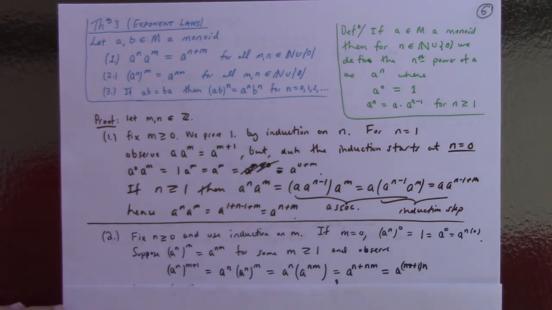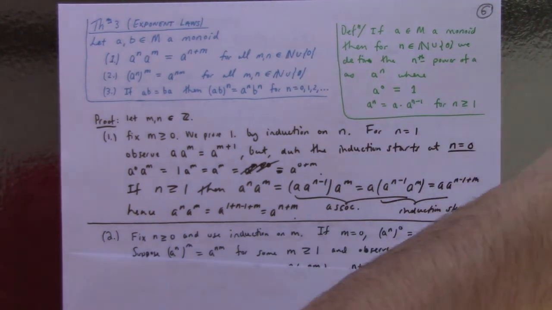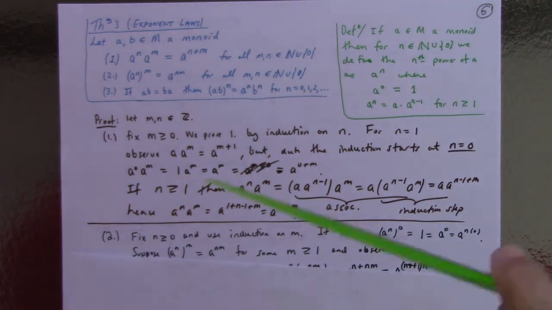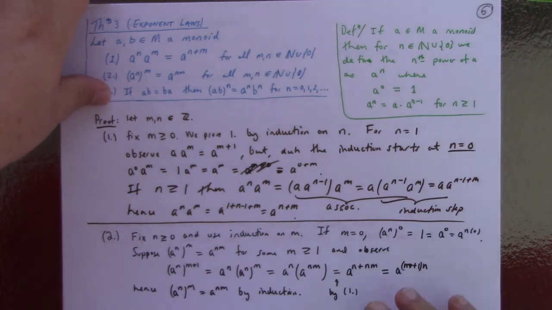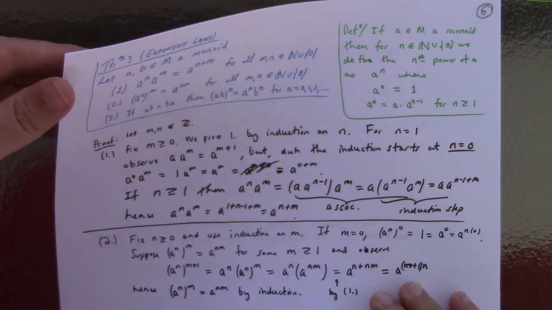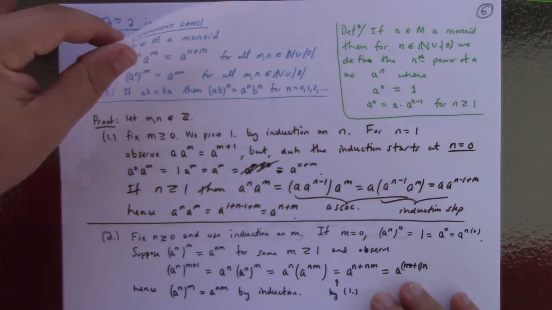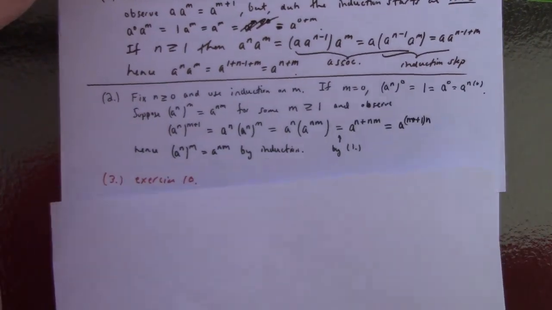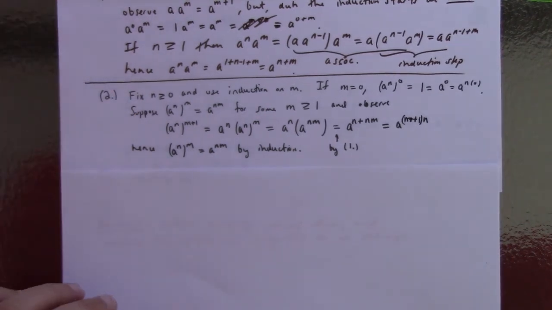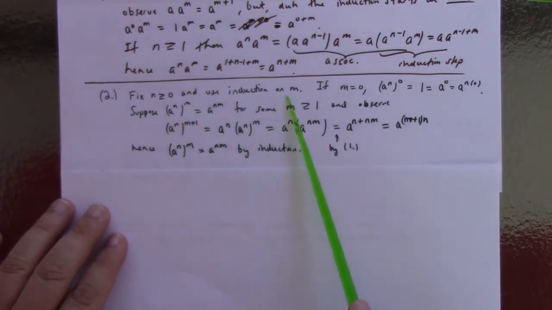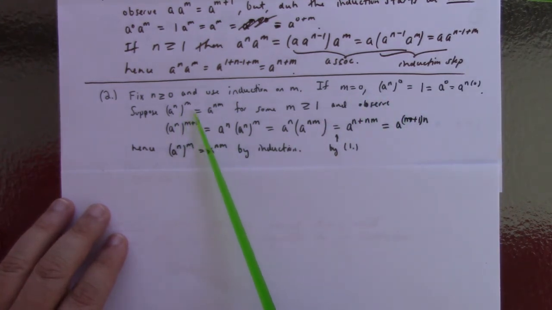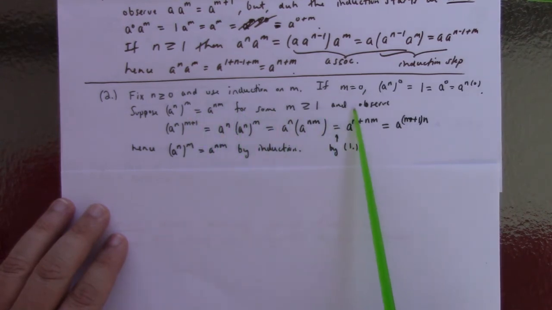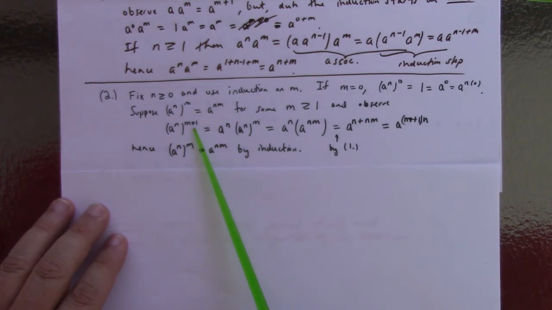And the induction for 2 is not much different. If we fix n greater than or equal to 0, use induction on m. Again, for m equal to 0, it's true. If we suppose that a to the n to the m is a to the nm for m greater than or equal to 1, then I decided to look at m plus 1 for a change.